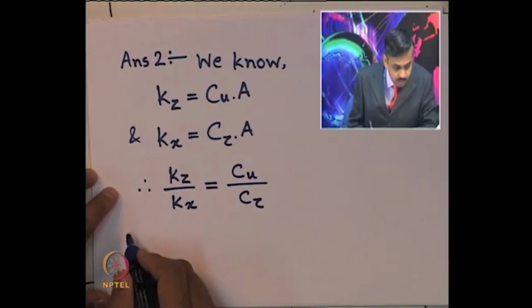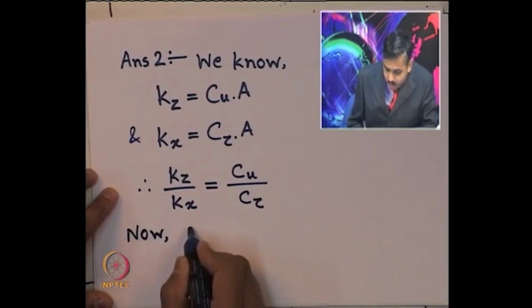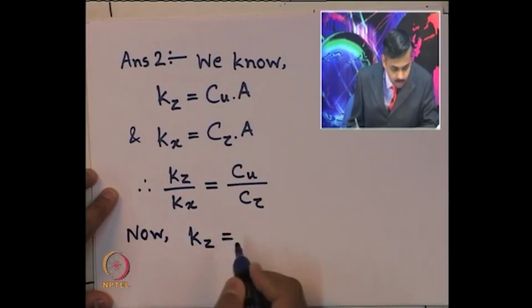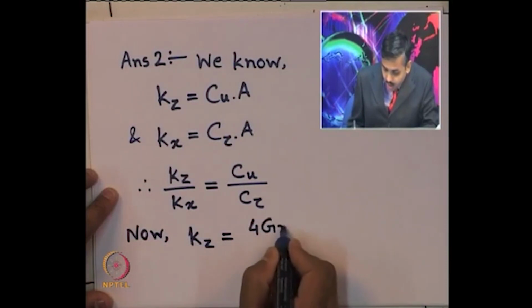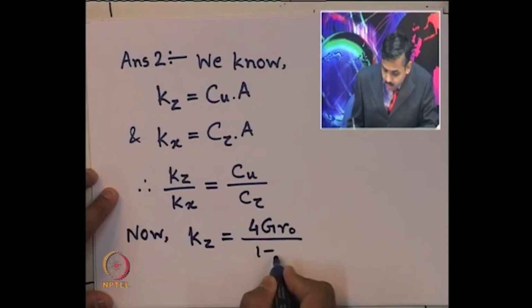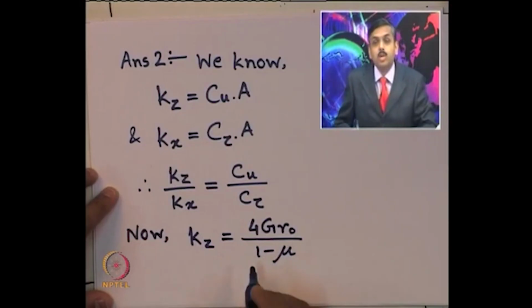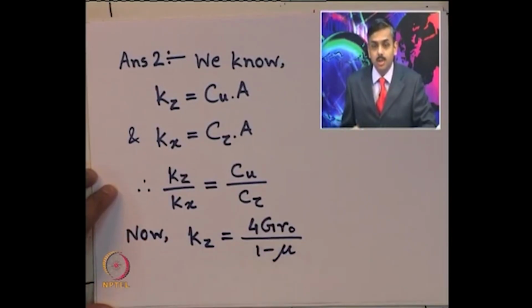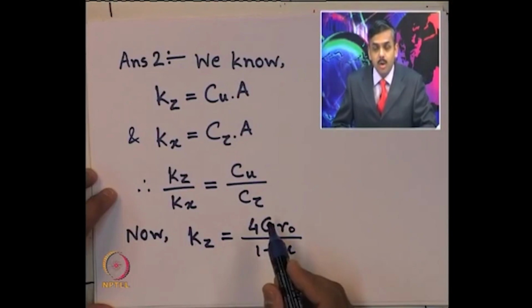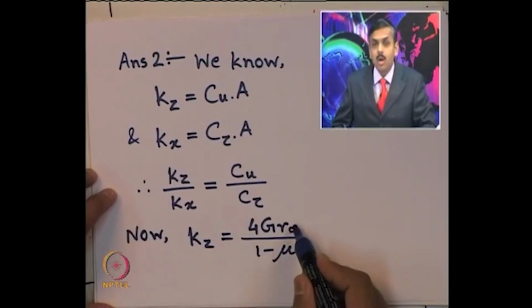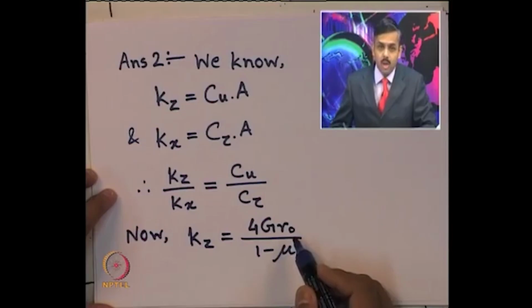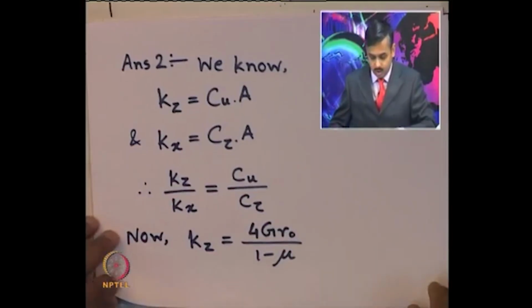Now, just now we have discussed the expression of K z, which is 4 G r naught by 1 minus mu as per Timoshenko and Goodyear 1951, for vertical mode of vibration. G is the shear modulus of the soil, r naught is the effective radius of the equivalent circular foundation, mu is Poisson's ratio.